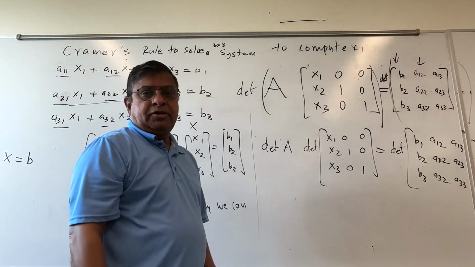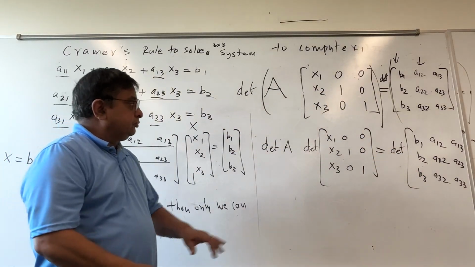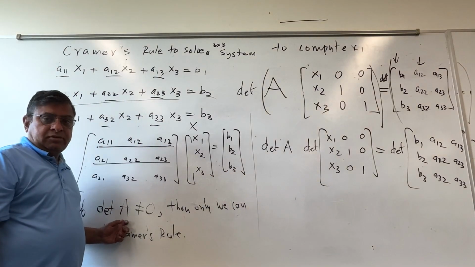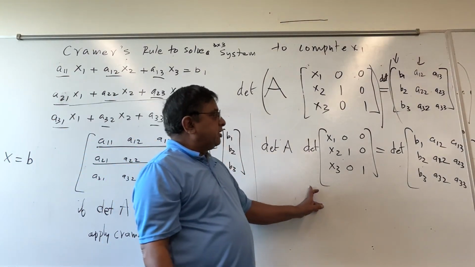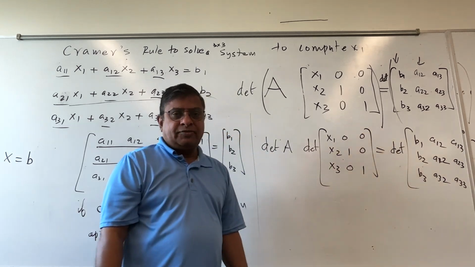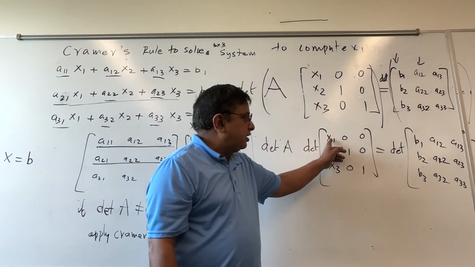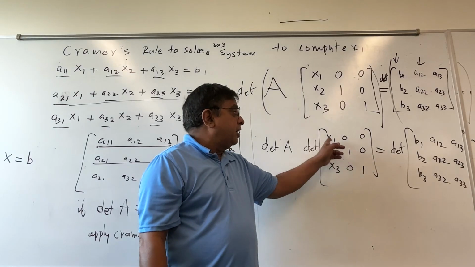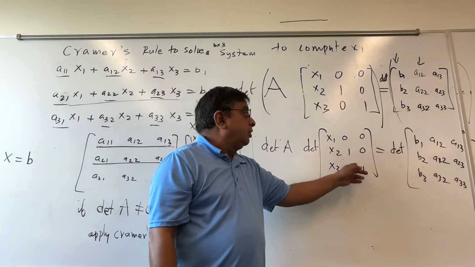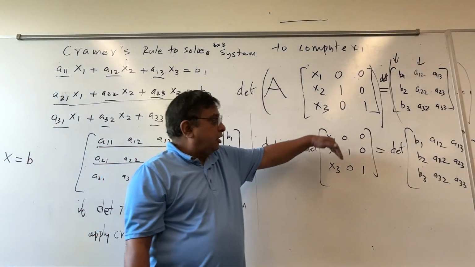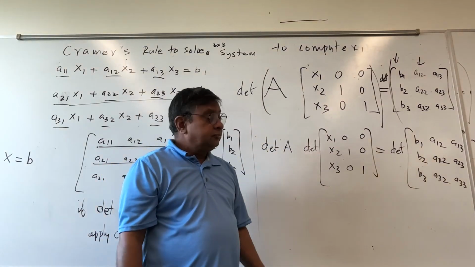Okay? We're almost done. So you compute the determinant of the matrix A, and we know it's non-zero. Now I want to know what the determinant of this matrix is. If you look at it carefully, this is really a lower triangular matrix. All the entries above the diagonal are 0.